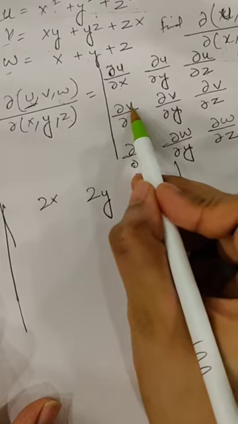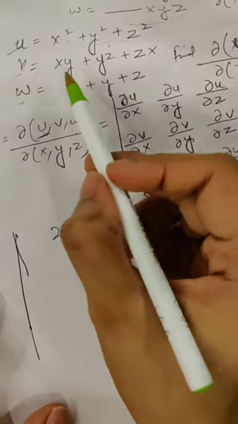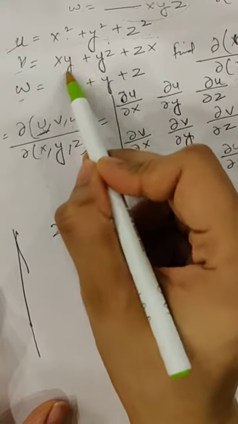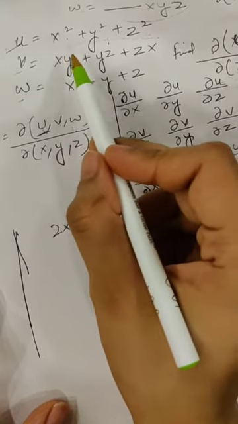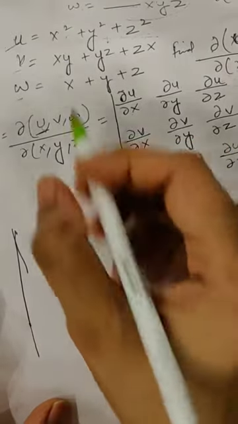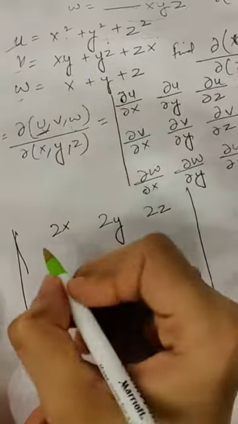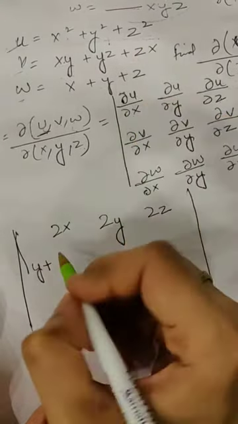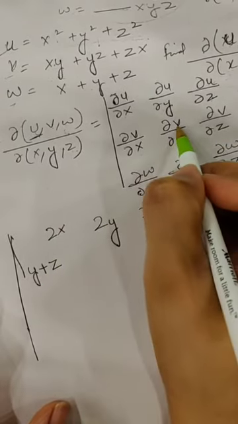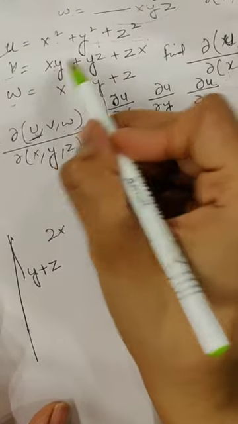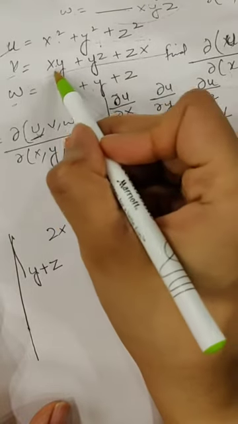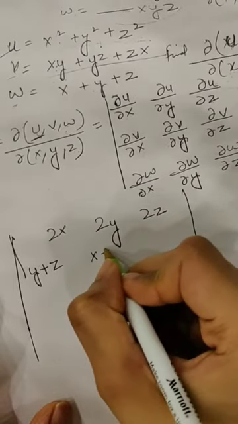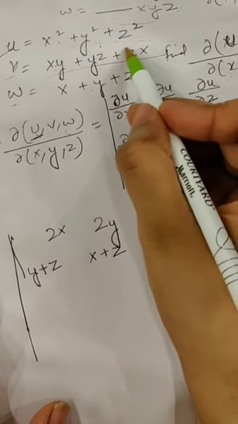Now, ∂v/∂x, v with respect to x. If you see this, y becomes a constant here and x differentiation would be 1. So basically it comes out to be y plus, here also we have an x term, z. ∂v/∂y: if we differentiate this with respect to y, this will be x plus z, plus z, and this term would be 0.